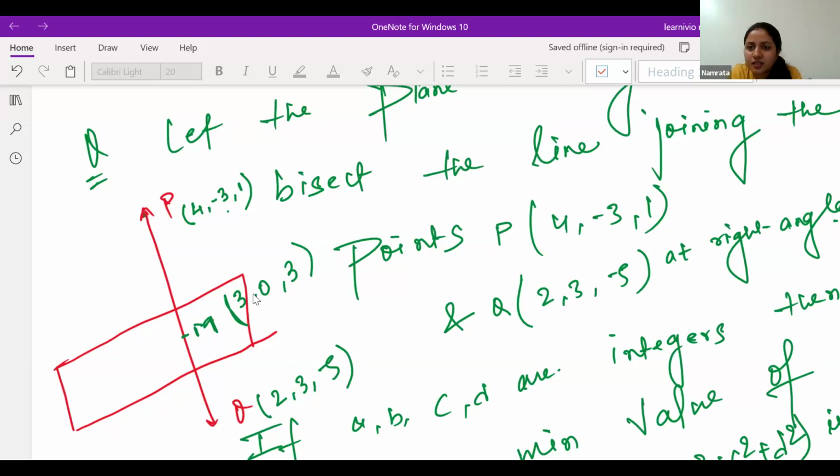Am I making sense? We are just finding the midpoint of PQ. Have you found the midpoint? Is it 3, 0, 3? Please check the calculation.